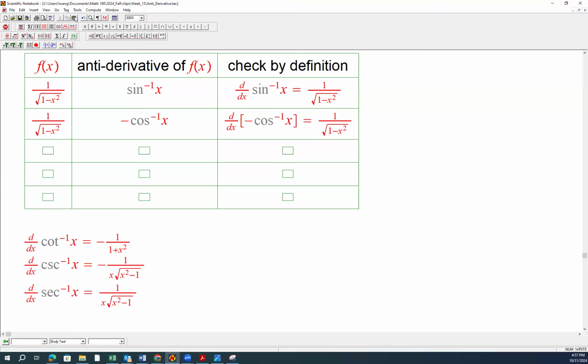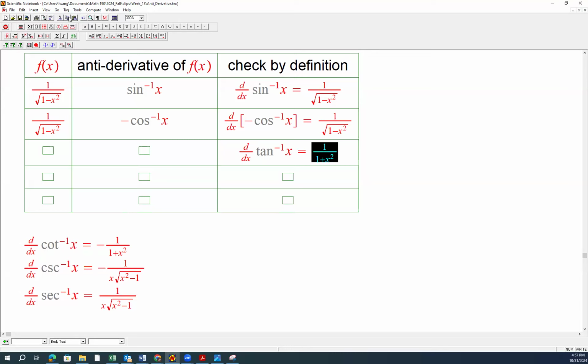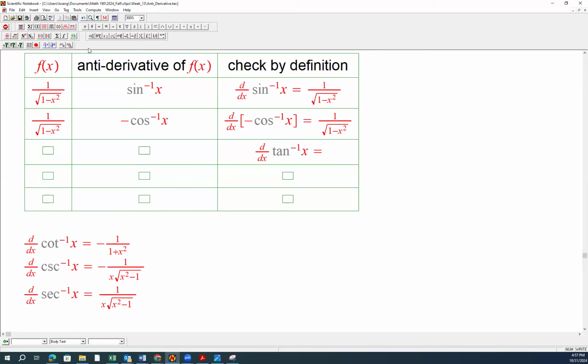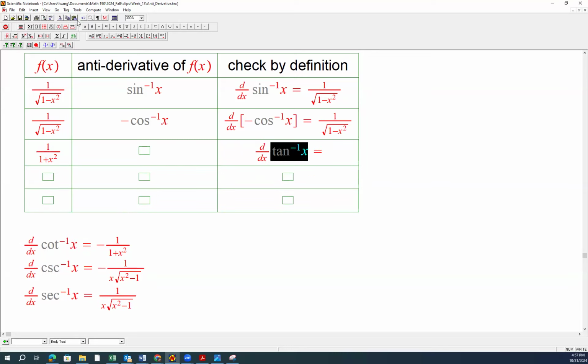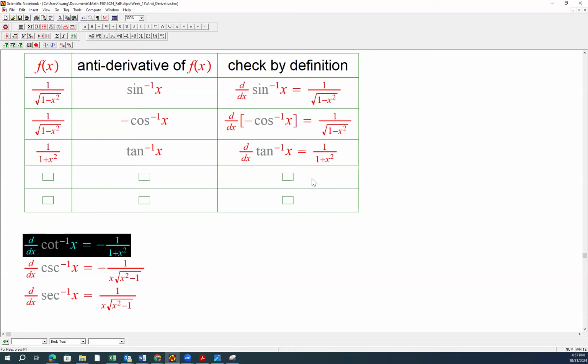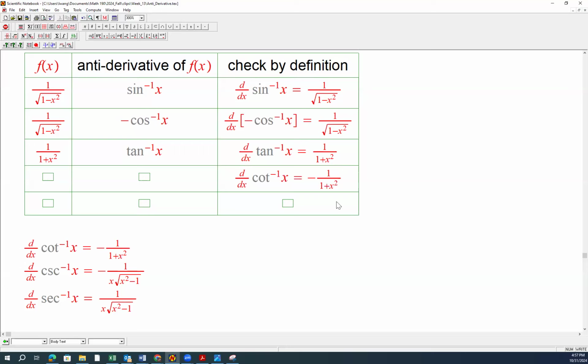Tangent, I'm sorry, arctangent, right? So this is the function, and its antiderivative is this arctangent. Okay, this is the derivative. Then arccotangent, right?